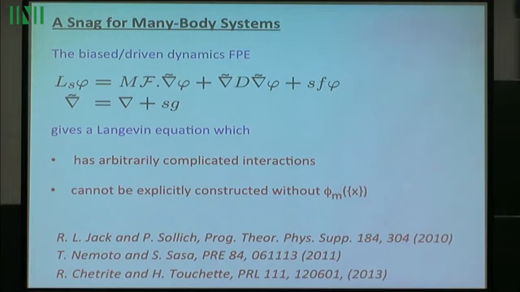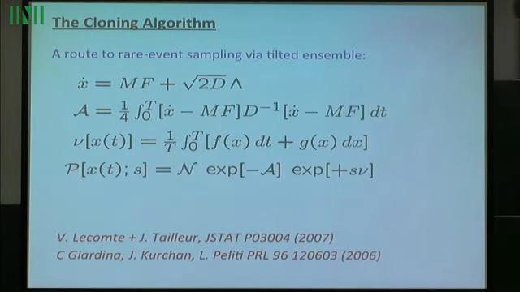So obviously I would start with some reasonable, say, pair interaction between my particles, and I introduce this bias to achieve some totally atypical behavior, which is my design target, but in general I get something completely unrealizable in terms of the interactions, and you can't even explicitly construct them without solving the whole problem in an implausible way for any kind of many-body system. So that's an issue, but there is a route at least to generating the ensemble numerically. I'll come back to the connection with the driven process in a minute.